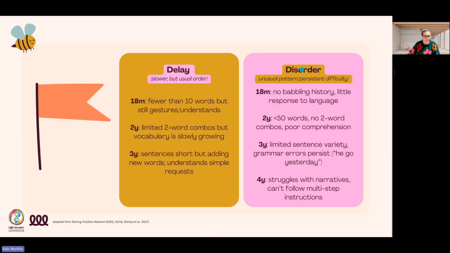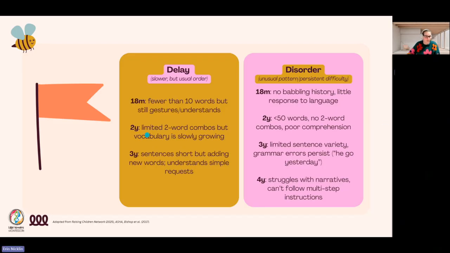Whereas if we're looking at potential disorder, we might be 18 months with no babbling history, or very little response to language. So you can see the difference here. It's quite different. We're still making gains when we're looking at a delay. We're still using different components of language and communication, whereas in a disorder, not a lot has started to happen yet. We're looking at 2 years.